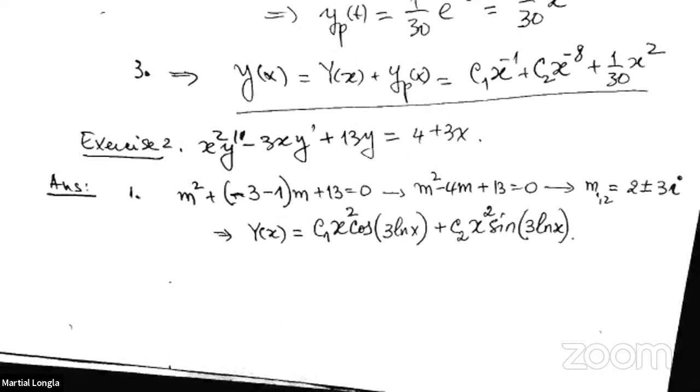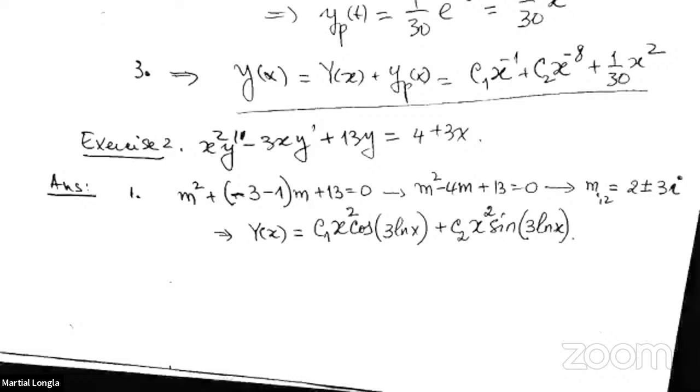Now, on this basic example, you can see that if you try to avoid learning what I just showed you in the previous example, you'll be stuck here forever trying to figure out how to do variation of parameters with x squared cosine of 3 natural log.